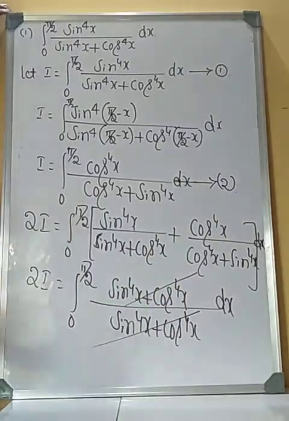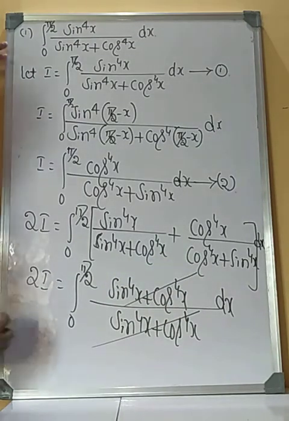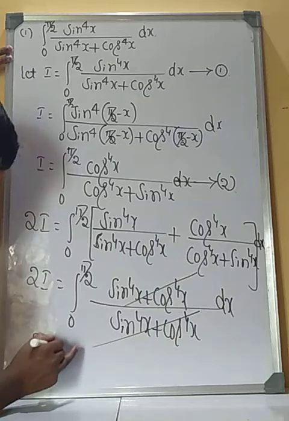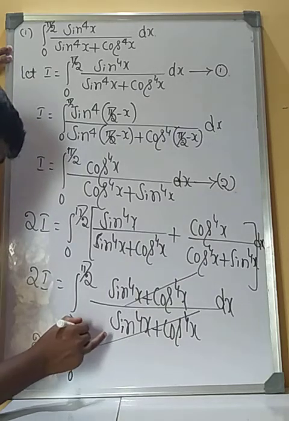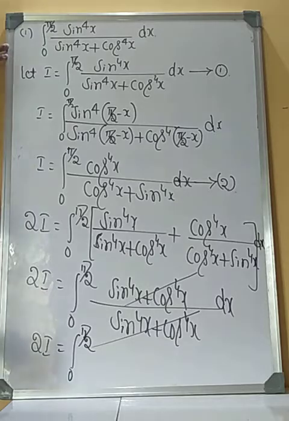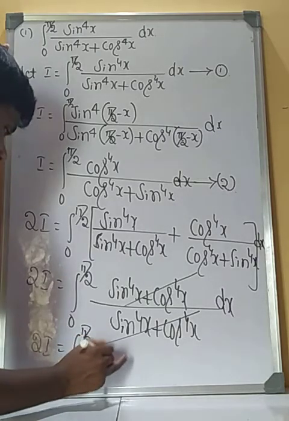Denominator and numerator get cancelled. Therefore 2I is equal to the integral from 0 to pi by 2 of 1 into dx.